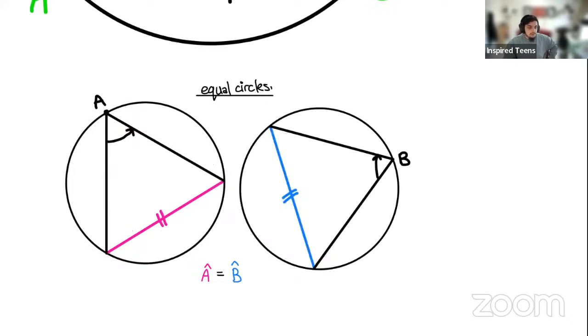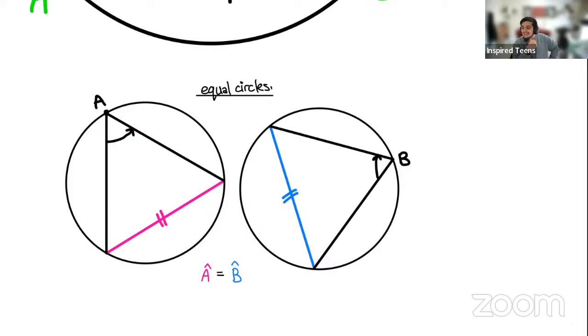In unequal circles, obviously things change. You will be able to get the same chord, but they're not going to subtend the same angles. So generally, they'd most likely be in the same circle, but they could ask you a question where they give you equal circles. So just have that understanding as well. Again, these chords are equal in length. They could be, for example, 5 centimeters each.